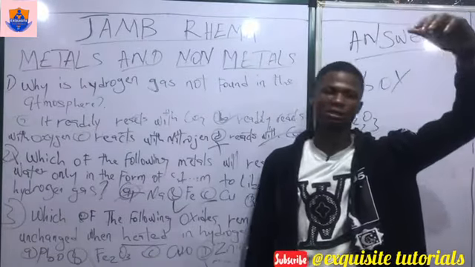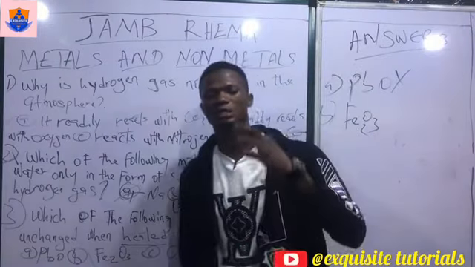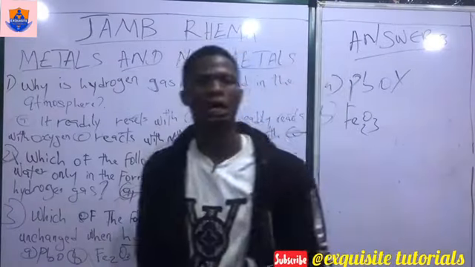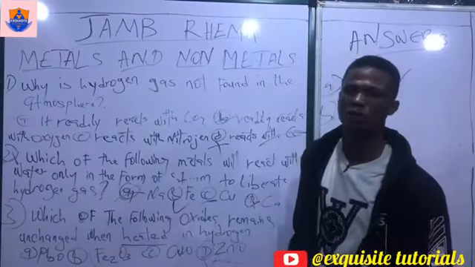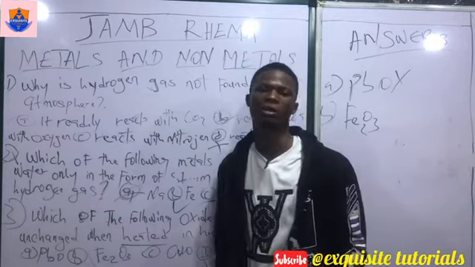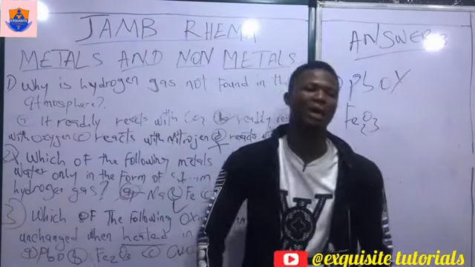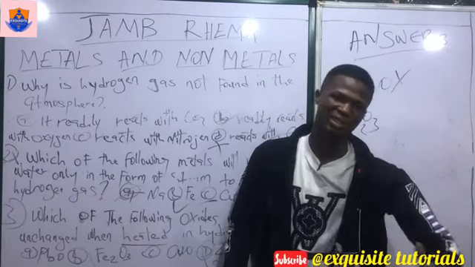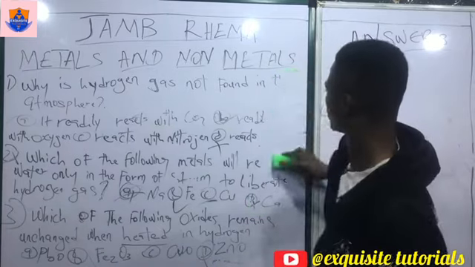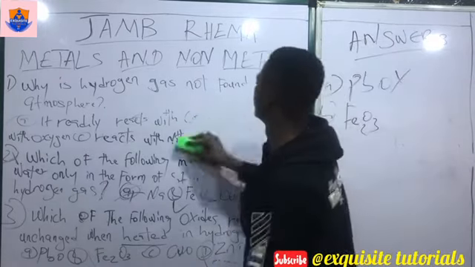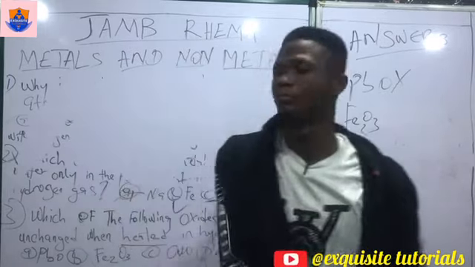Understand the elements that are above hydrogen in the electrochemical series, and know the ones that can displace hydrogen in water and the ones that can displace hydrogen in steam, and also note the ones that are below hydrogen in the electrochemical series, because you can only displace an element from its compound when you are more reactive than the element. Now let's take other questions and use them to treat other aspects of metals and non-metals.